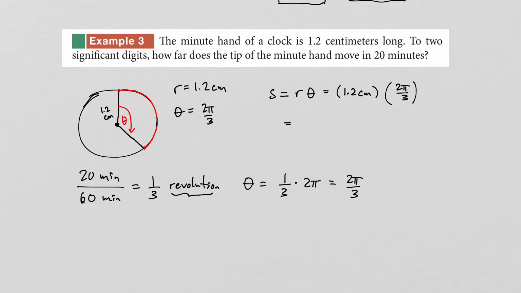You can plug all that into a calculator. And in the end here, we get 2.51327 and so on. And that's in centimeters. And if we're rounding to 2 significant digits, that means we're rounding to right there. And so this is approximately equal to 2.5 centimeters.